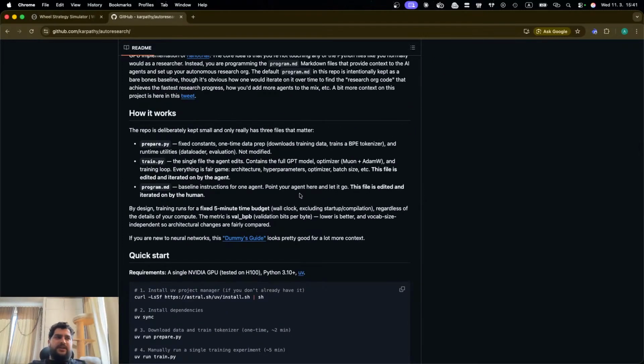I think yesterday he announced, there is a project called GPT-2. I think it's about how fast you can train your model to be on par with GPT-2.